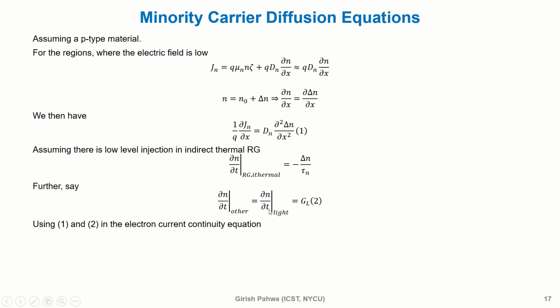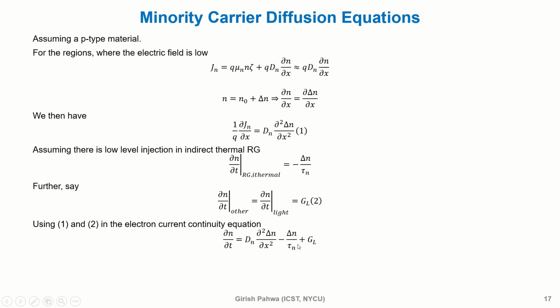After plugging in all the terms in the continuity equation, we get del n by del t equal to 1 by q del Jn by del x, right? So that is this term here, plus del n by del t due to thermal, which equals minus delta n by tau n, that's here, plus del n by del t of any other thing that may or may not be there.